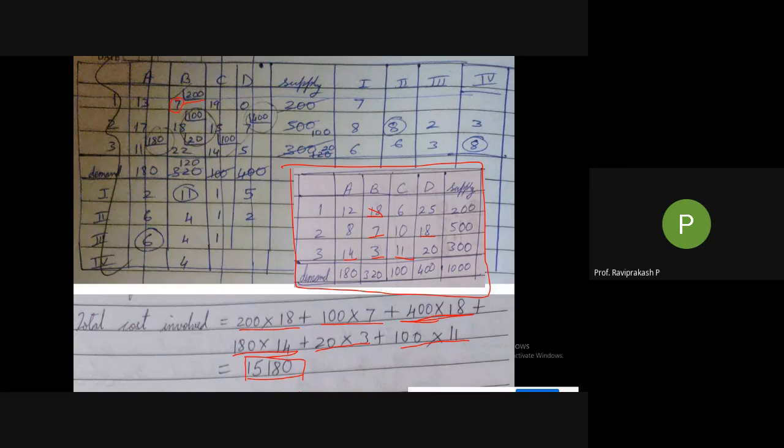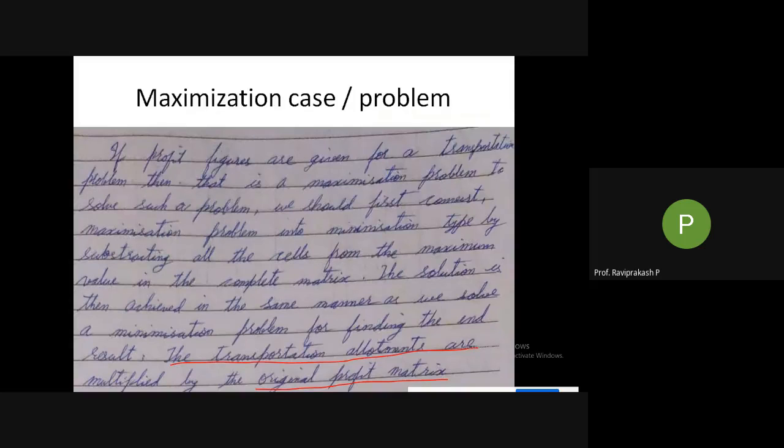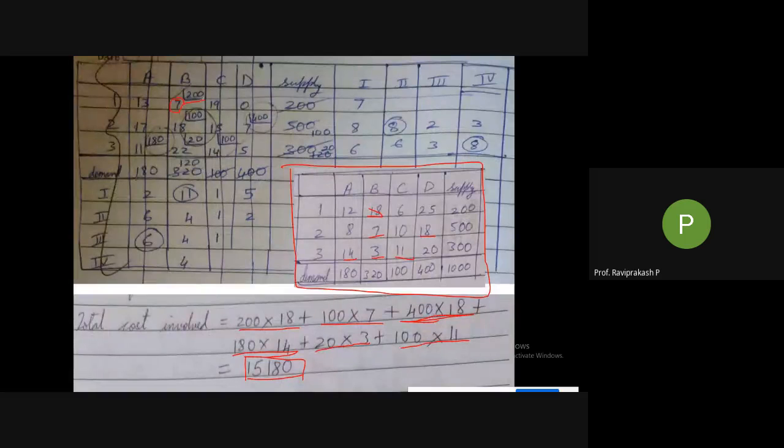After getting all the allotments, go with the original matrix and multiply with that particular value, and not this particular value, because this is the minimization matrix. I don't want minimization, I want maximization.